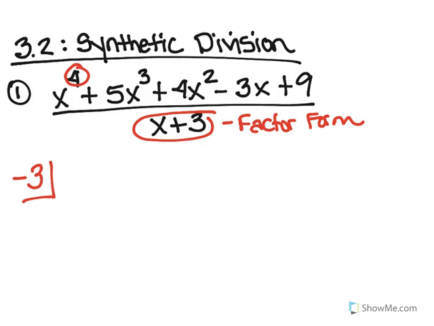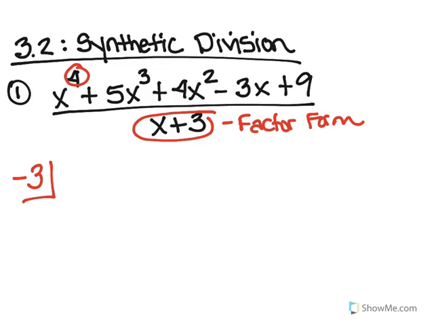So when I do my synthetic division, you're going to check negative 3 to see if it's an answer, okay? Now, looking at that top polynomial, you should be in descending order in accordance to your exponents. So we go from fourth to third to second to first to no exponent. So we are in descending order, and I'm not missing a term.